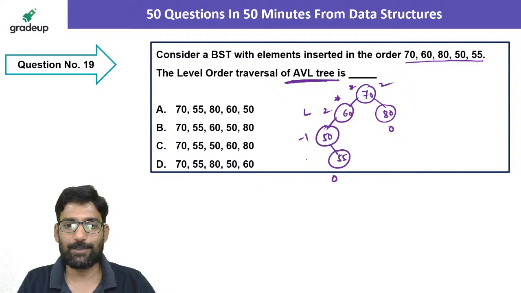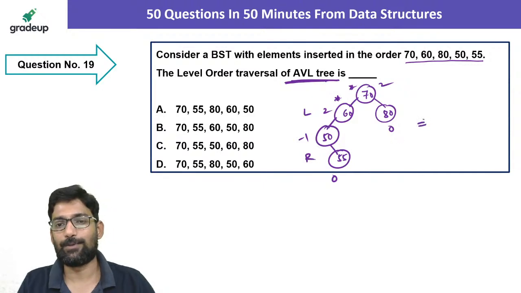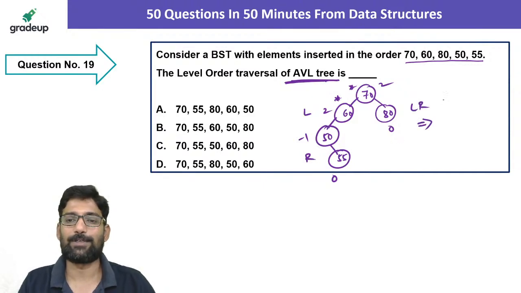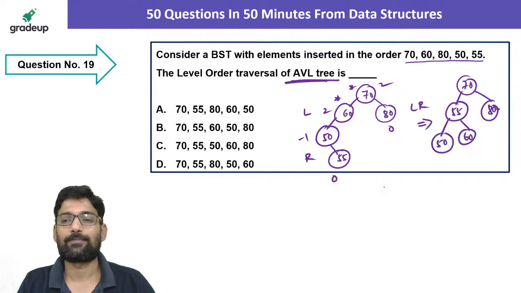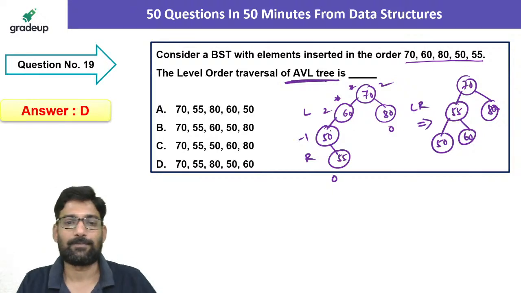So what rotation do you do? LR rotation you do. So whenever you do LR rotation, 70, 55 comes here, 60 comes here, 50 and 80. So 70, 55, 80, 50, 60. The answer is option D.